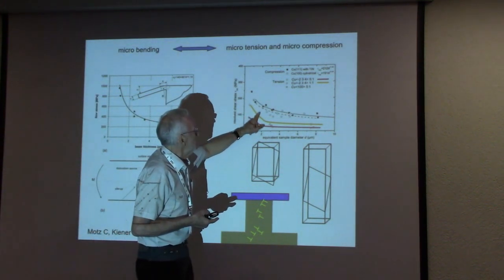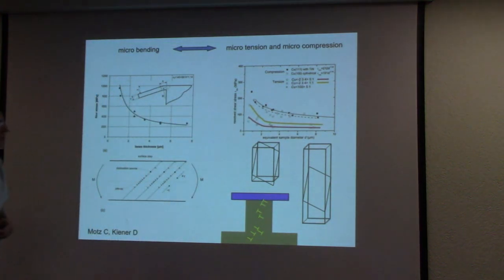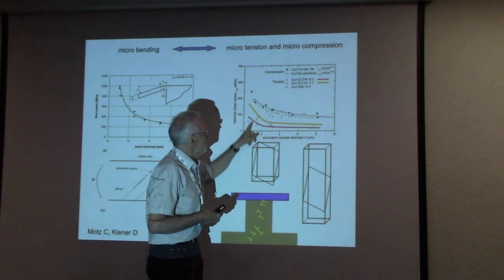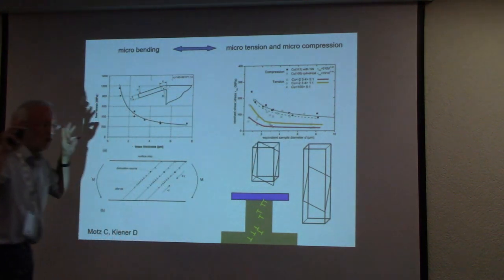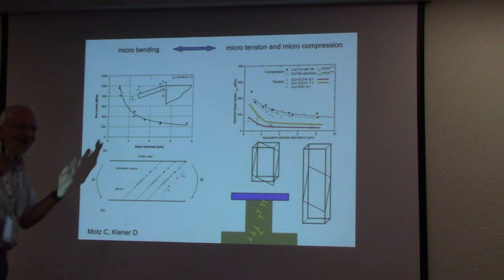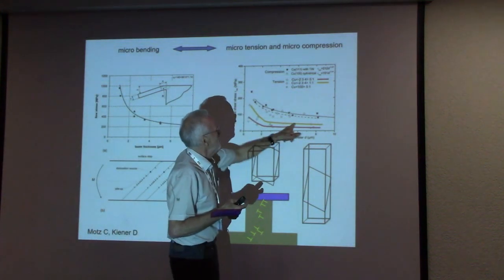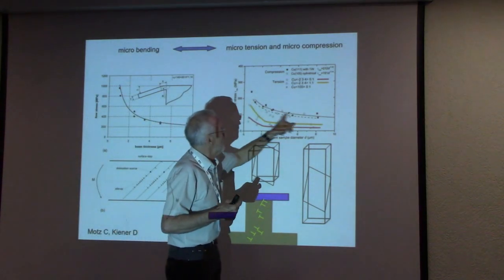These are the compression experiments, the pillar experiments. They show a really pronounced size effect. These are the tension experiments with what we call the standard tension sample, where the thickness is 1/5 of the length. That's our standard dimension. And this is when the length is smaller. Then we come more clearly to the compression.